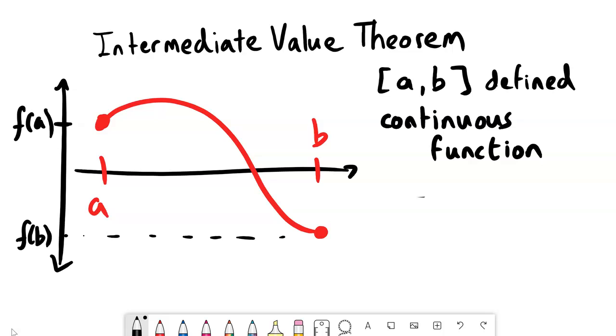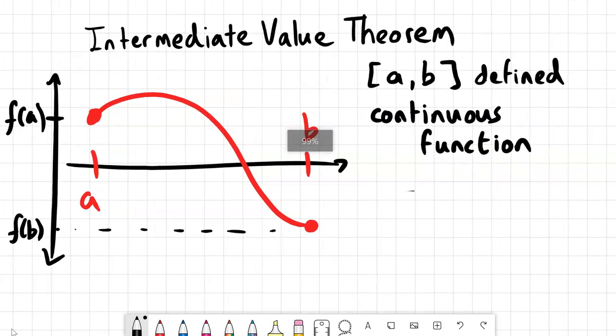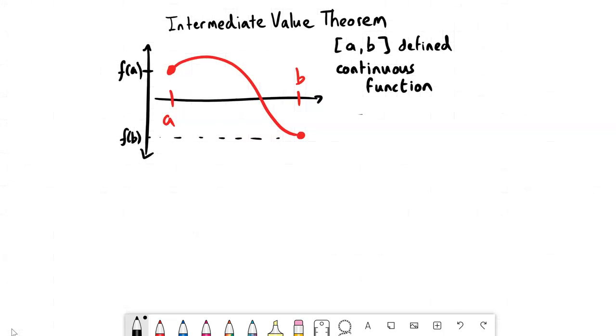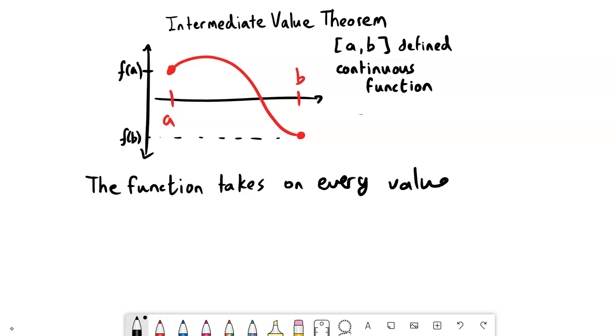Okay, so what does the intermediate value theorem say if we're thinking about in between? It says that if these two conditions are satisfied, where it's defined on this closed interval a to b and it's a continuous function on this closed interval, the function takes on every value between f of a and f of b.